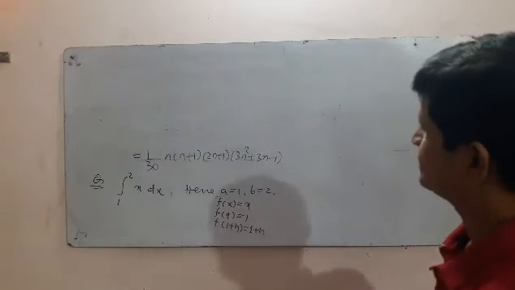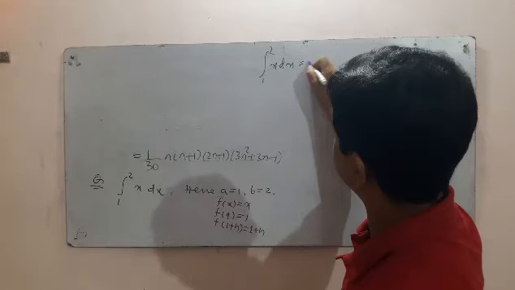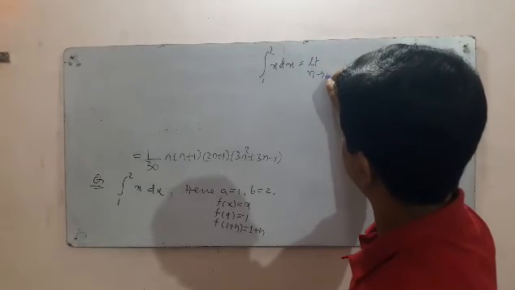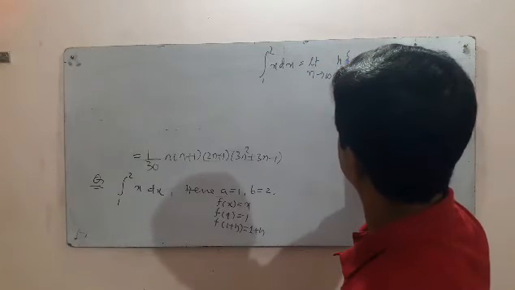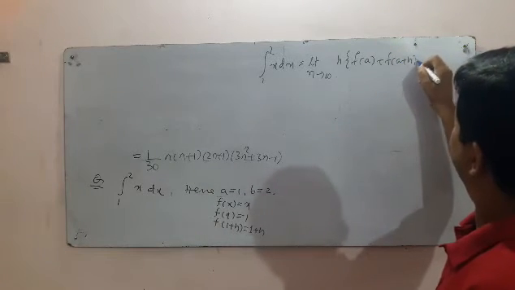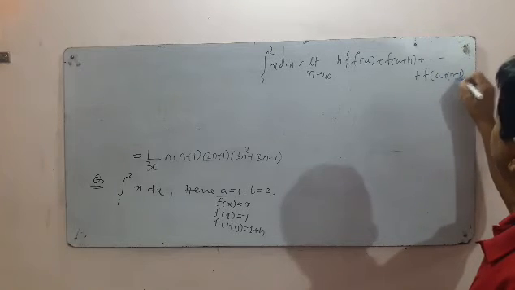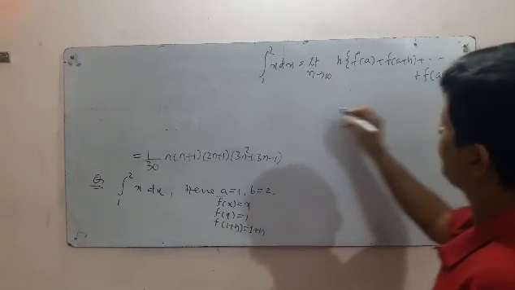Now integration from 1 to 2 of x dx is equal to limit n tends to infinity h into f of a plus f of a plus h plus dot f of a plus n minus 1 into h, right?